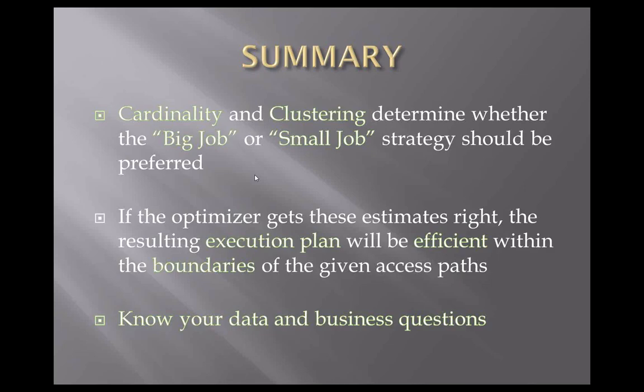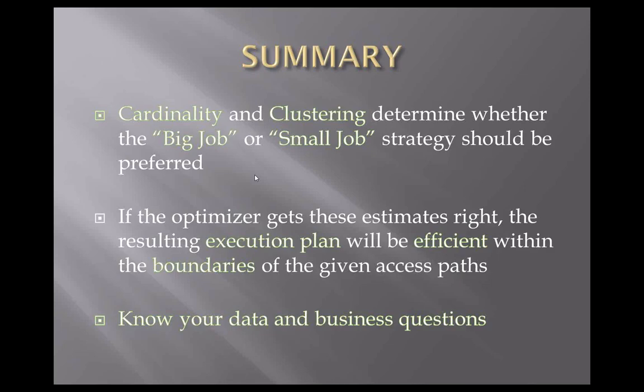And in order to get an idea whether the optimizer gets it right or not, you probably have to know your data and the questions that you ask about your data. And again, you have to consider that what might be obvious to you is not necessarily obvious to the optimizer.